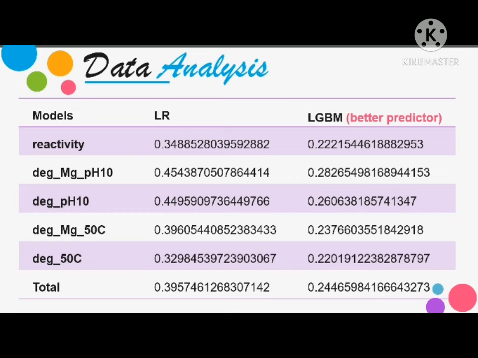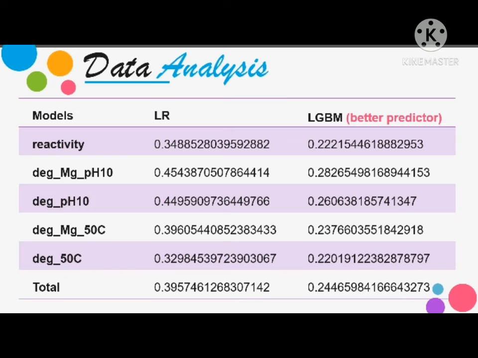RMSE is a negative-oriented scoring technique, which implies the lower the RMSE value, the better the performance of the model. The table shows the prediction error for linear regression and LGBM resulted after evaluation with the RMSE performance metric. From the results obtained, we may deduce that LGBM is a better predictor than linear regression across all the classes in this study.